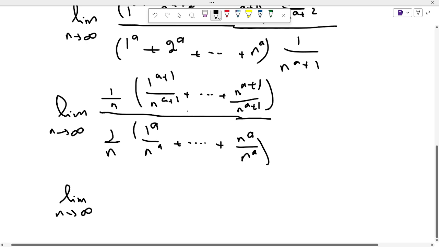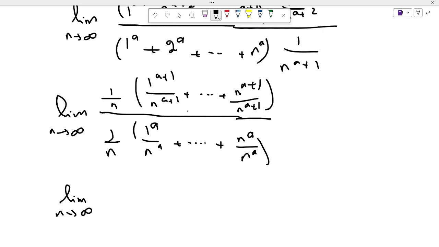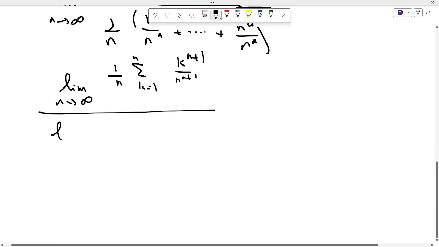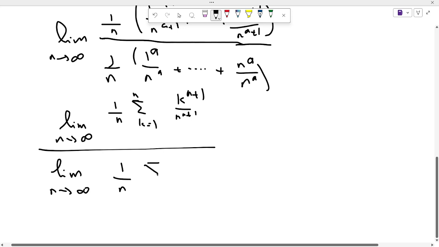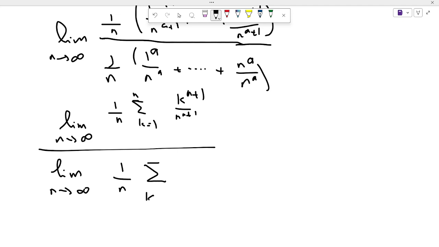That's 1 over n times the sum from k equals 1 until n of k to the power a plus 1 over n to the power a plus 1, over the limit as n goes to infinity of 1 over n times the sum going from k equals 1 until n of k to the power a over n to the power a.